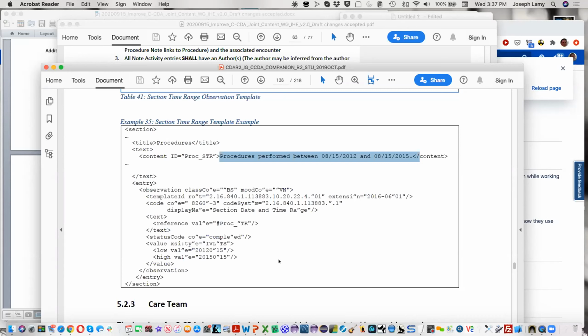Brett, my question for you, looking at this example, if it was the last 5 from the last 18 months, would you put 18 months as the low and high? No, last 5. You would put the earliest procedure that you're including.